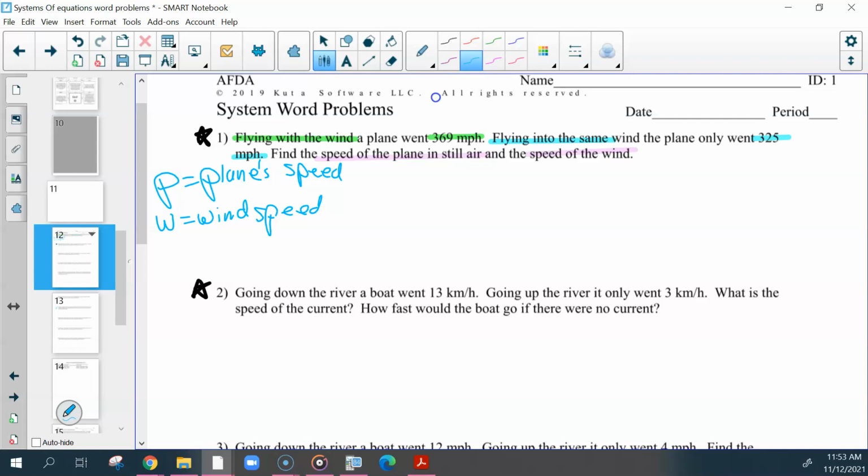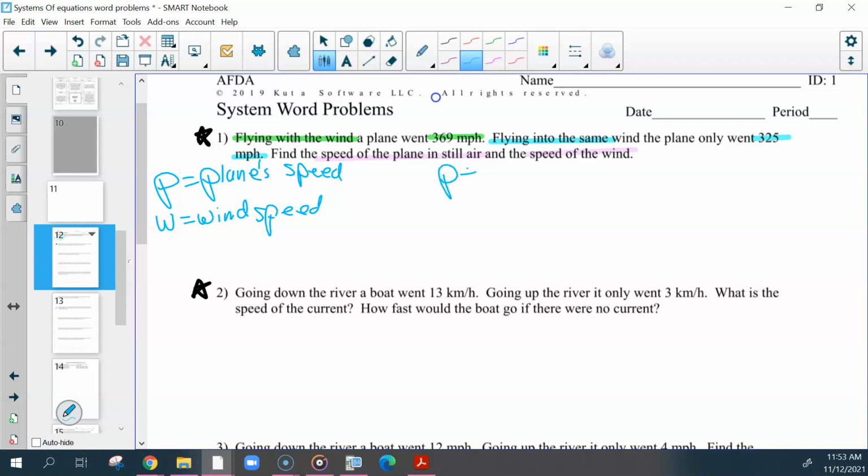So here is some background information that you may not have known. If the plane is flying with the wind, that means the wind is kind of pushing the plane, helping it along, which is why it's going a little faster. So if it's pushing the plane, we're going to add those together, whatever the plane speed and the wind speed are, to get that number.